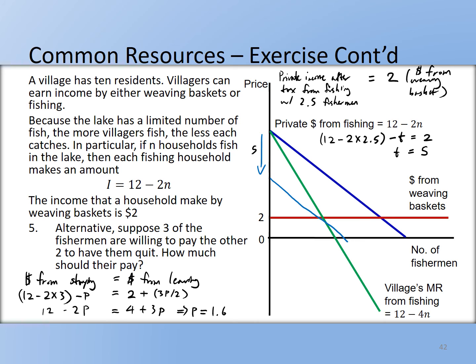Each fisherman who leaves would draw $2.4 from the compensation fund. Overall, they will be equal in terms of their income in this arrangement. That way, they would be willing to leave, because even though I leave the fishing industry, I am still earning as much as if I stay. Okay? So that would work.